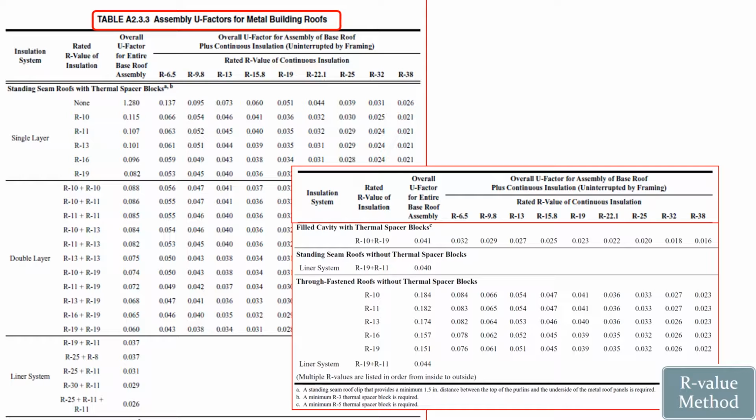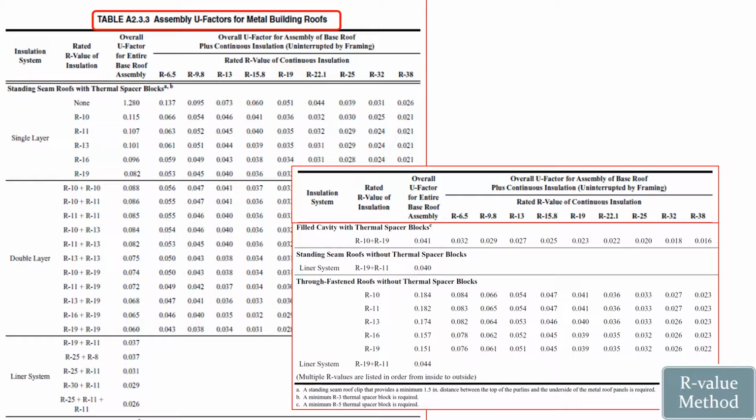So R3 thermal spacer block for a standing seam roof would apply to a single layer fiberglass system, a double layer fiberglass system, and the liner system. Moving down further on the page, there is a filled cavity type of insulation, which is not quite the same as a liner system, and so it increased the thermal spacer block size up to R5.